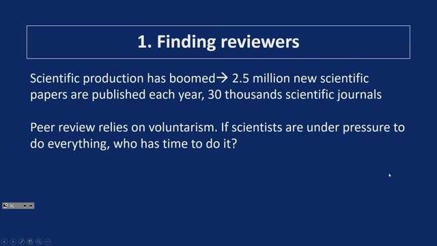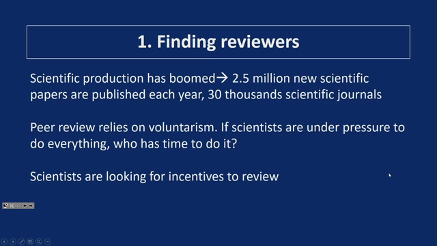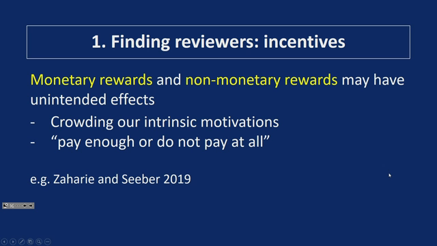So scientists studying peer review are exploring potential new incentives to accept to become a peer reviewer. For example, monetary rewards, giving some money to reviewers, but also non-monetary rewards like awards, recognition, certificates of peer review. But these measures might also have unintended effects, in particular the so-called crowding out of intrinsic motivation.